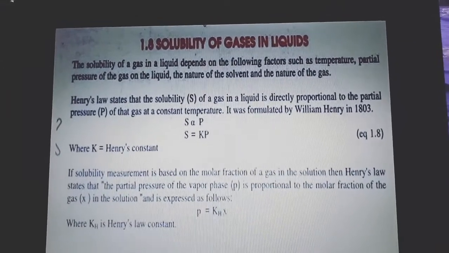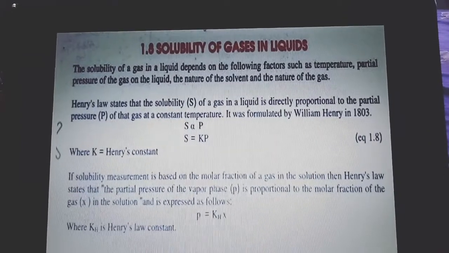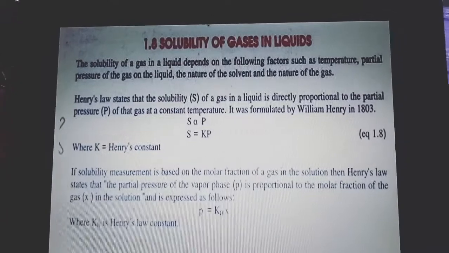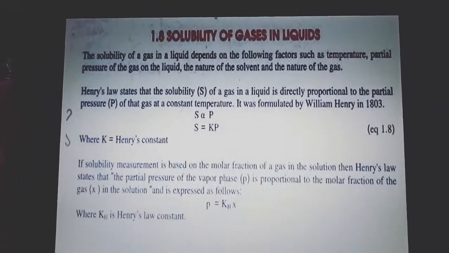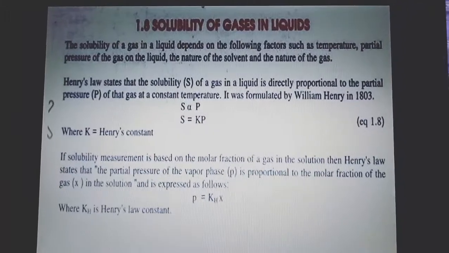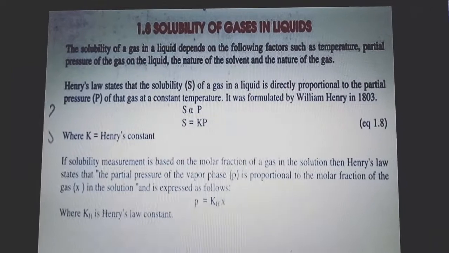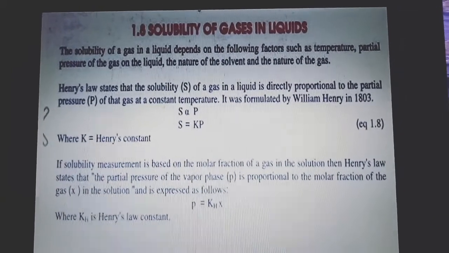Henry's law states that the solubility of the gas in the liquid is directly proportional to the partial pressure, that is P, of the gas at constant temperature. It was formulated by William Henry in 1803. S is directly proportional to P, where S is the solubility of the gas, P is the partial pressure, and K is Henry's constant.